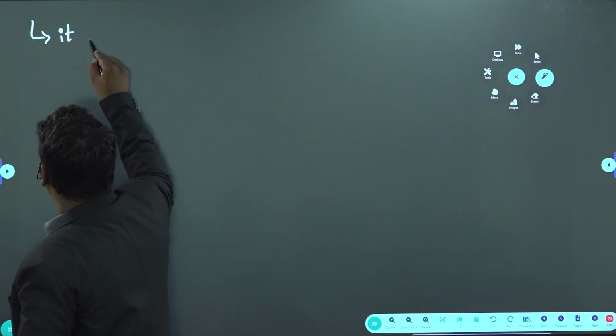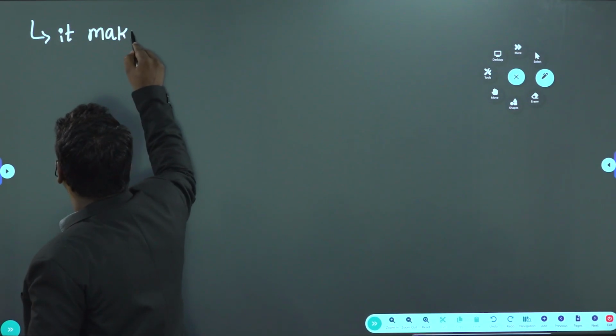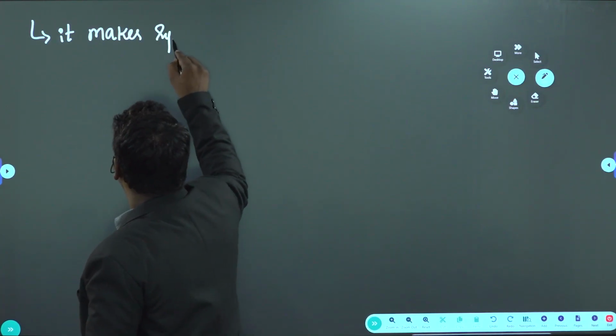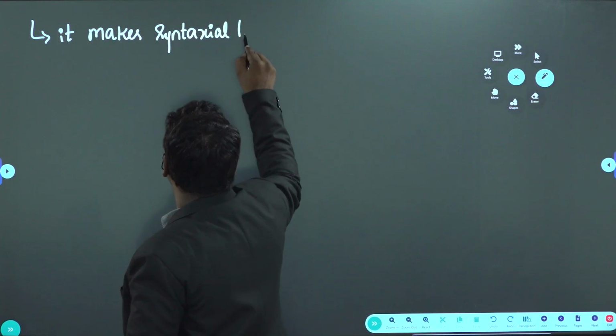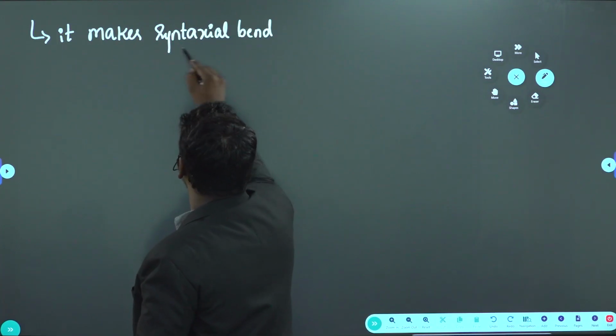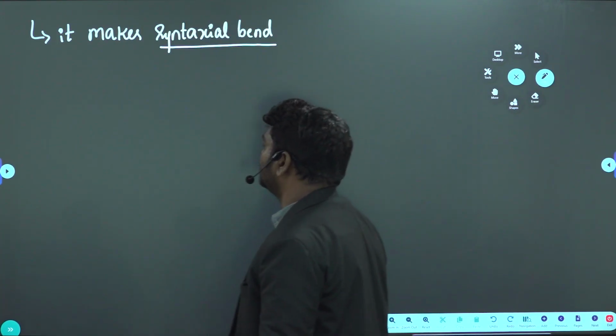Remember this word. Two rivers will make a syntaxial bend, Indus and Brahmaputra.